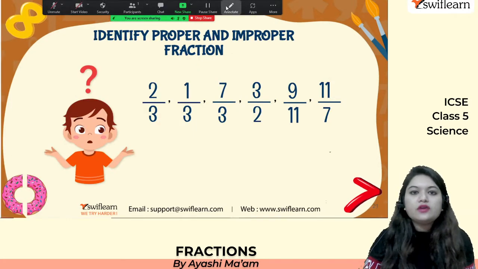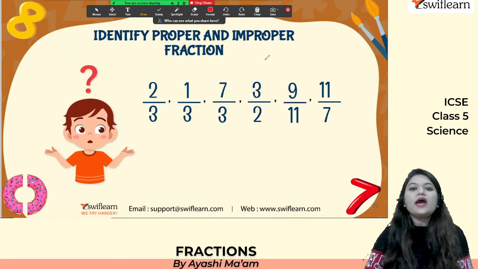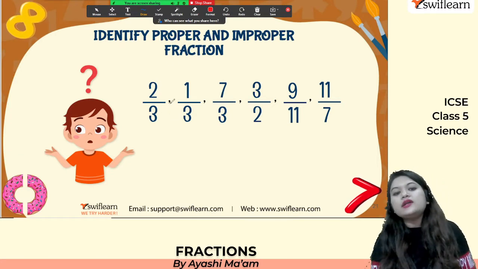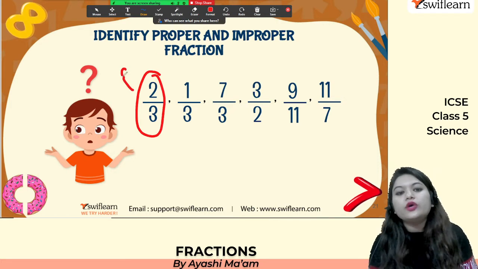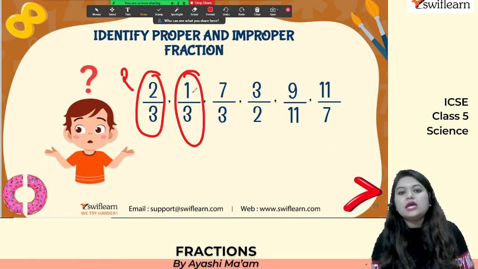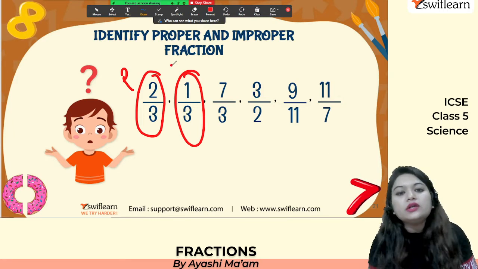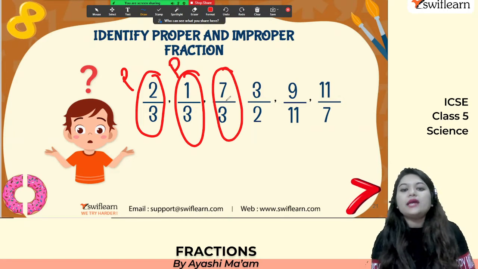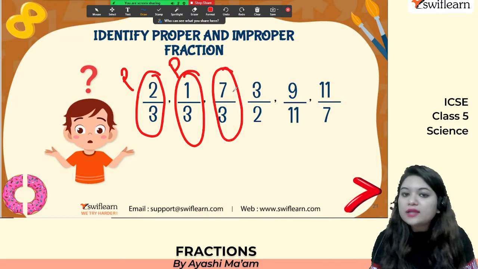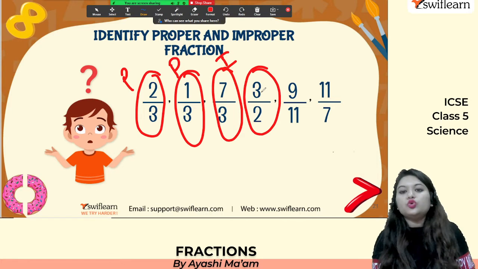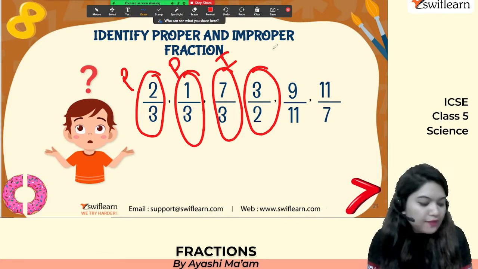Now, you have a question: identify the proper and improper fraction. 2 by 3. The numerator is smaller than the denominator. This is going to be a proper fraction. 1 by 3. 1 is lesser than 3, that means the numerator is smaller than the denominator. This will be a proper fraction. 7 by 3. Here the numerator is greater than the denominator. Therefore, it will be an improper fraction. 3 by 2. Here the numerator is greater than the denominator.